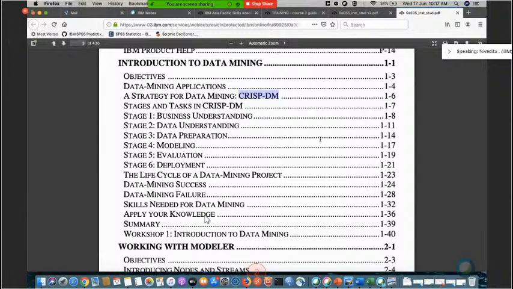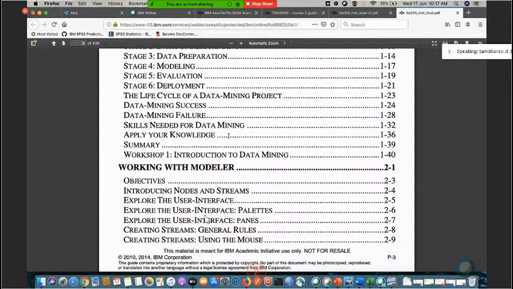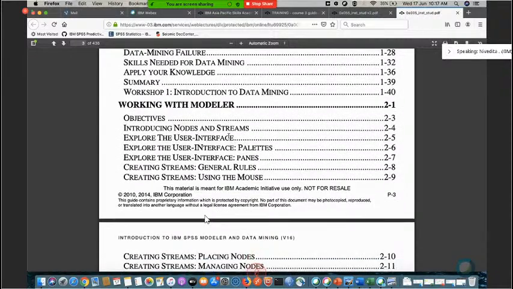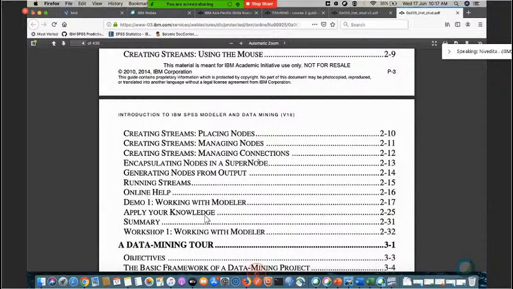I gave you business understanding, data preparation. So we started from here and we have covered this. After that, I told you about nodes and streams, what a palette is, how to use the mouse, placing the nodes, managing the nodes.